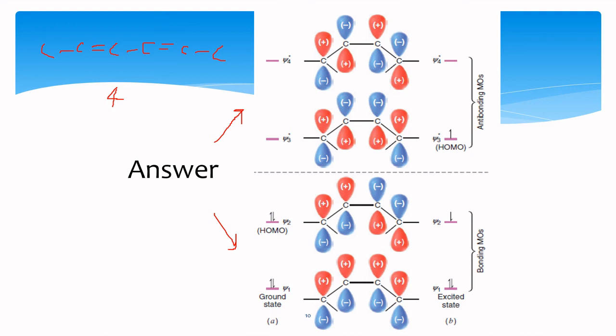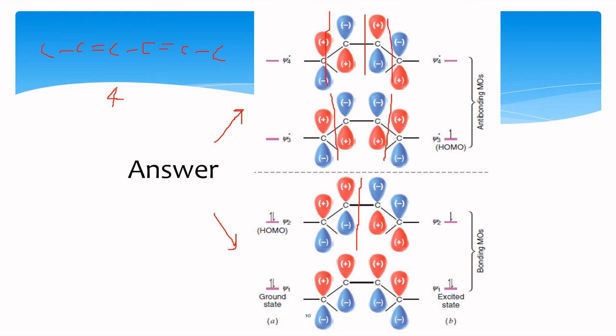And then in the next energy level, you have 2 pairs of bonding orbitals with 1 node. And then in the anti-bonding region, you have 2 nodes, where in the middle the p orbitals are interacting. And then at the highest energy level, you will see there are 3 nodes.